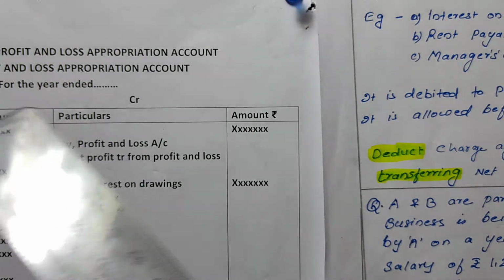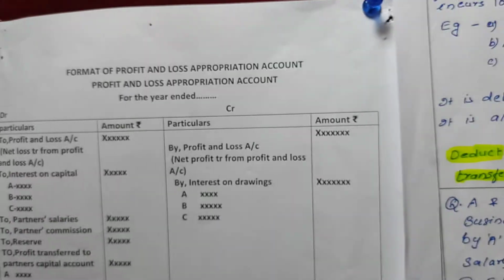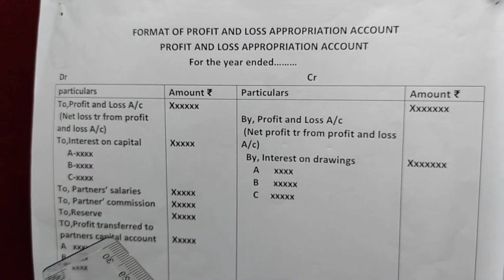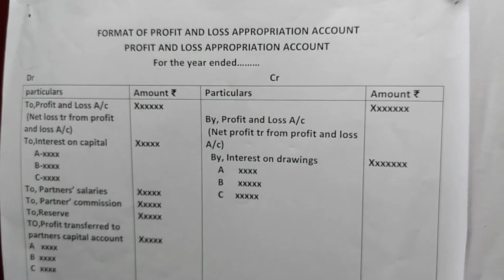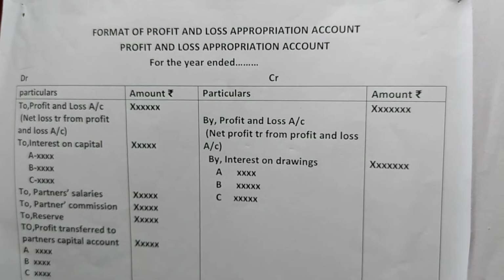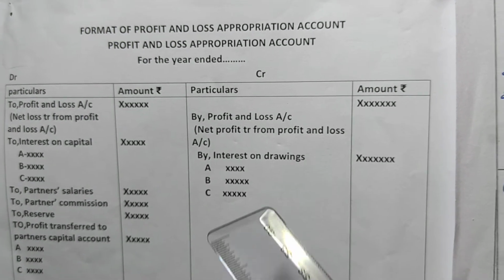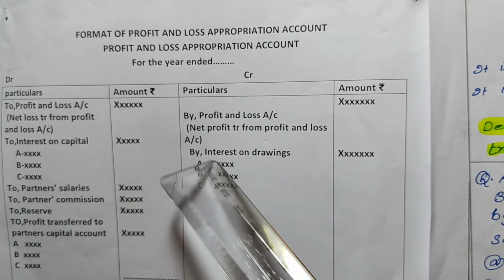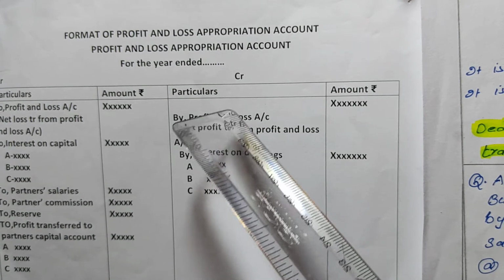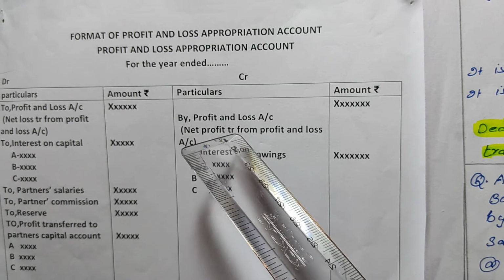No other changes will be there, same as it is. We will write interest on capital, partner's salary, commission, reserve, and the rest of the profit will be transferred to the partners' capital accounts. So when the charge against profit is given, the adjustment is to deduct it from the net profit in the profit and loss appropriation account.